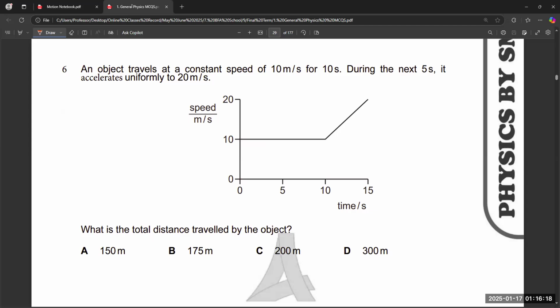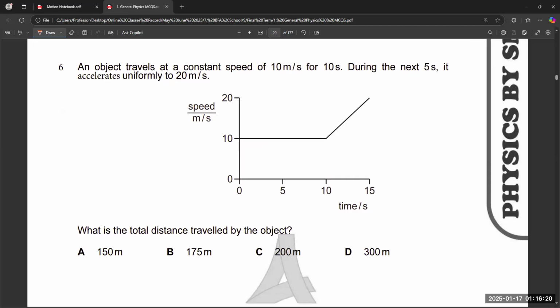This is the second question. An object travels at a constant speed of 10 meter per second for 10 seconds. During the next 5 seconds, it accelerates uniformly to 20 meter per second.